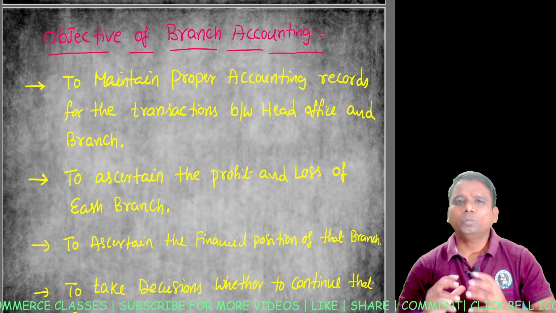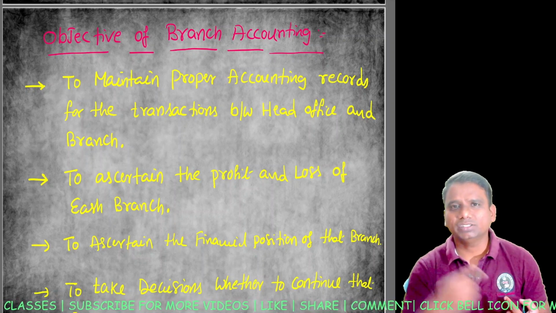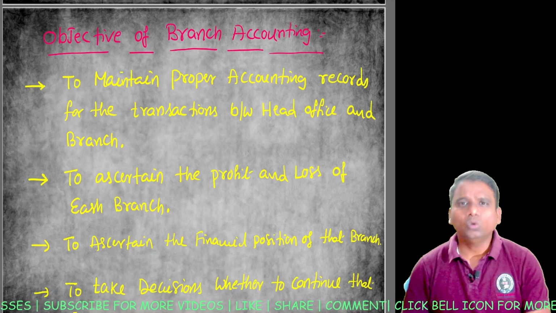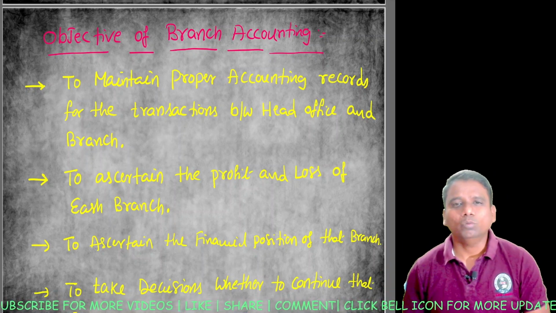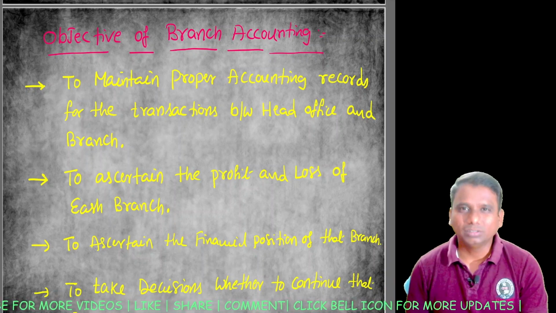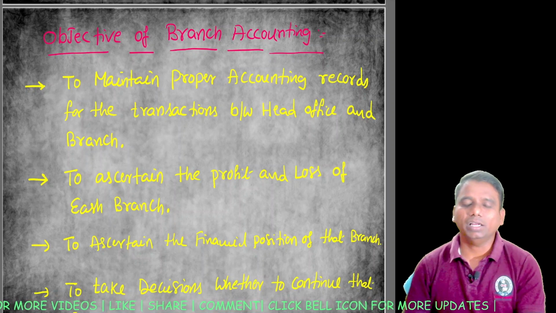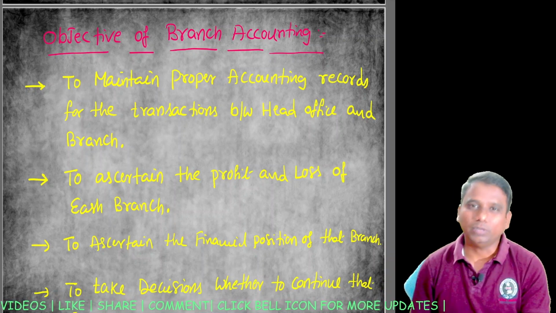After opening branches, we have some transactions between head office and branch. All those transactions we should record in the books of accounts. So to maintain proper accounting records for the transactions between head office and branch, we need branch accounting.